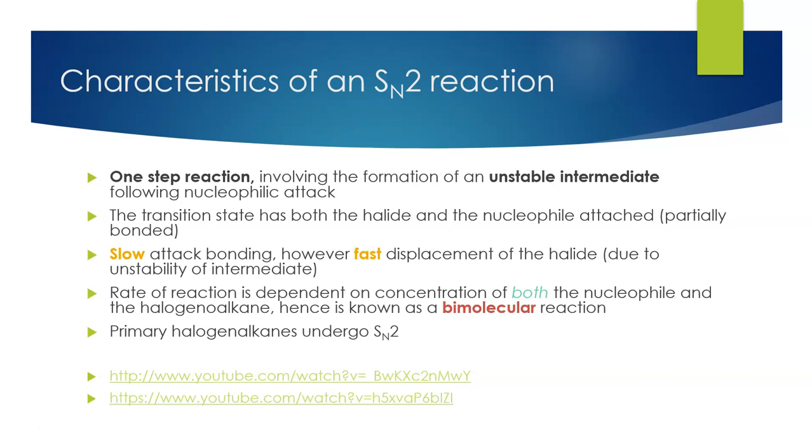The transition state will have both the halide and the nucleophile attached, and this slow attack and fast displacement are characteristic of this reaction. This means that the rate of the reaction is dependent on both the nucleophile and the halogenoalkane in order for the right collision with the right orientation to occur. We refer to the SN2 reaction as a bimolecular reaction, i.e. two molecules required in the formation of the intermediate.